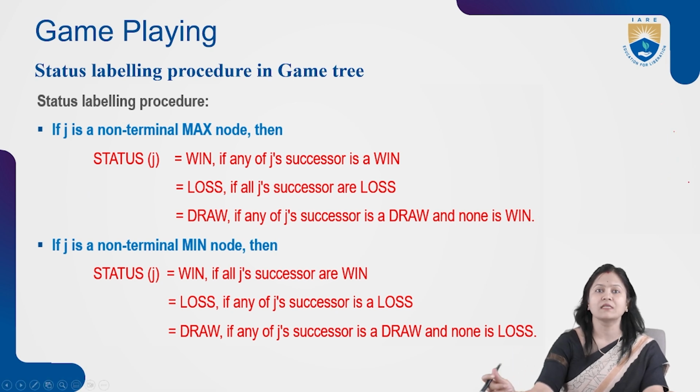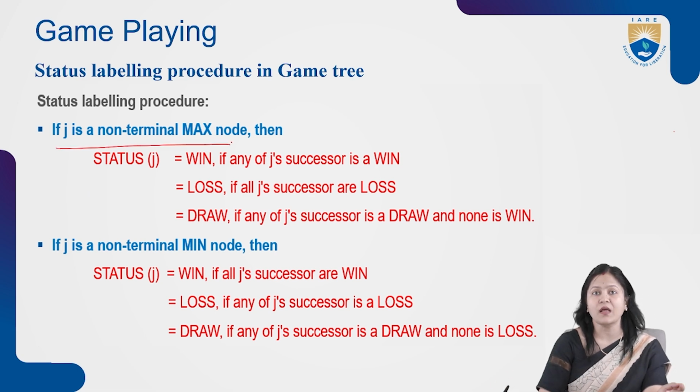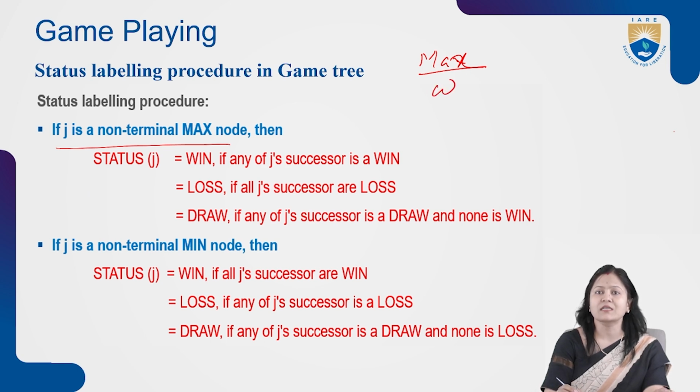Now we'll discuss first the case where J is a non-terminal max node. We are calculating the status label for the max node which is non-leaf, or non-terminal. Let me write it over here so that you can understand: the max node which is non-terminal is W, win, if any of the J's successors is win.